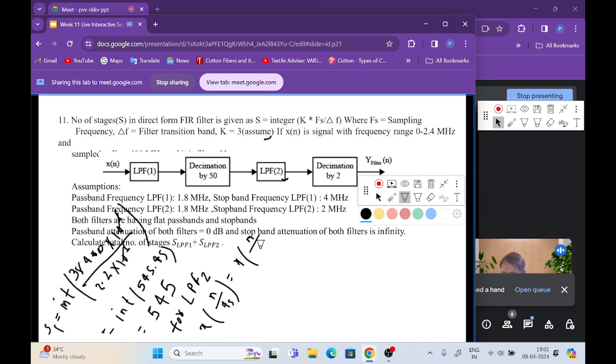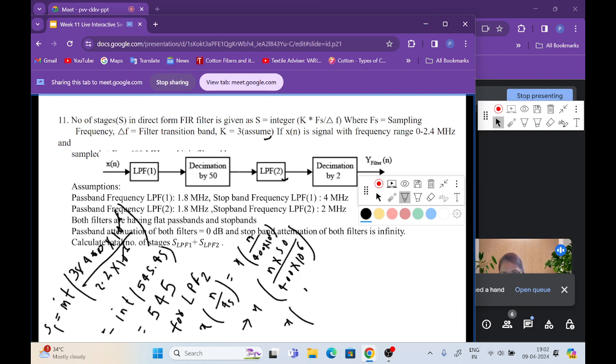Already we have shown that n is equal to 4 into 10 to the power 6, and this signal is decimated by a factor 50. That means n into 50 divided by 4 into 10 to the power 6. So the input sampled frequency for the low pass filter, that is 400 megahertz, must be decimated by a factor 50.